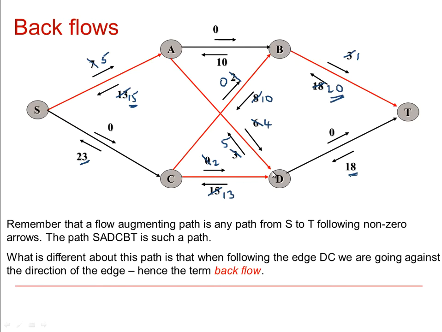And that's allowed those extra 2 to come through to here to give us a total flow of 38. The extra 2 is actually flowing from S to A to D. And then we've also got 2 that flows from C to B to T.